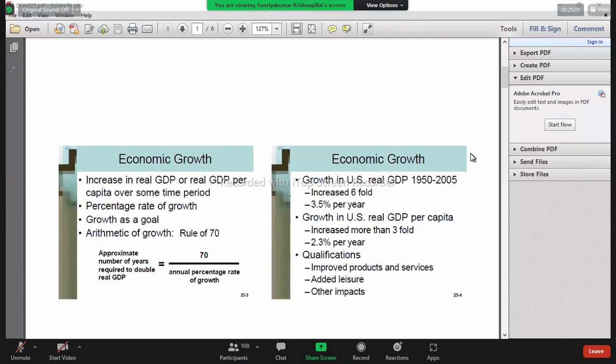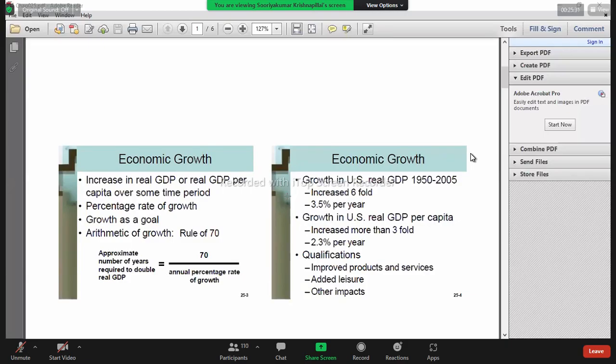So, we can measure the economic growth of a country as an increase in real GDP or real GDP per capita, because both have a slightly different meaning. We measure that as a percentage rate of growth.